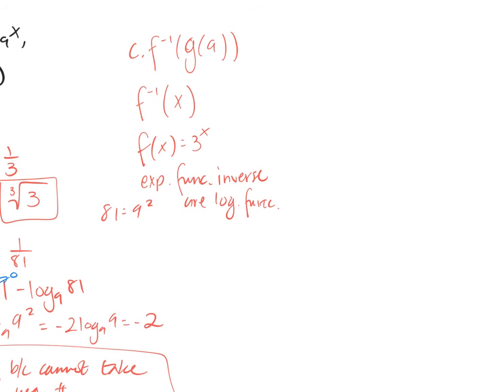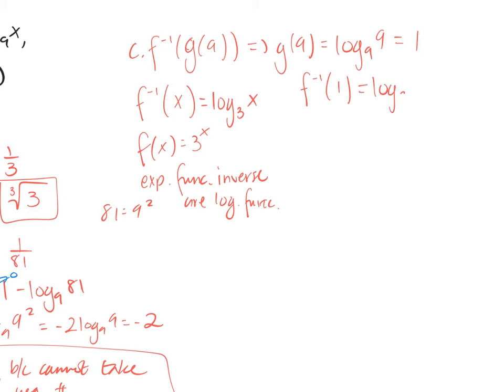So f inverse is log base 3 of x. So that's what we're going to use. First we're going to find g of 9, which is log base 9 of 9, which is 1. And then we're going to find f inverse of 1, which is log base 3 of 1, which is just 0. And that's our answer.